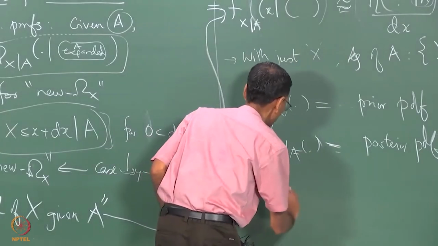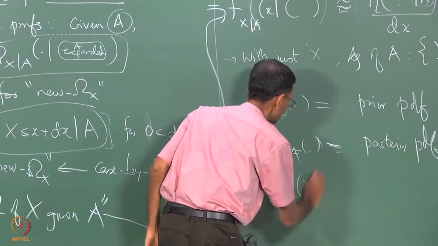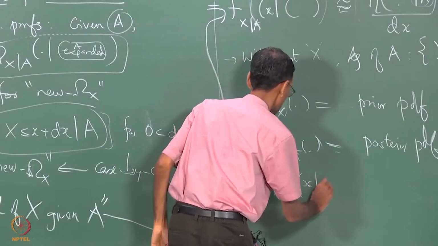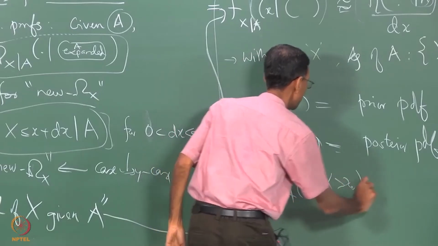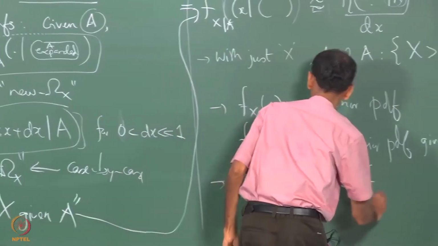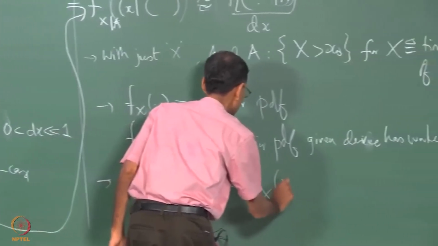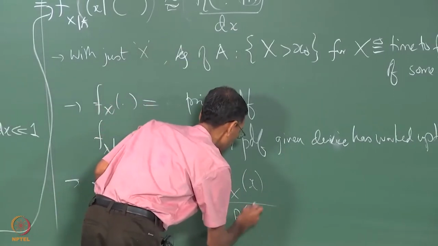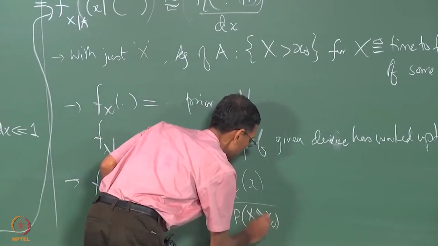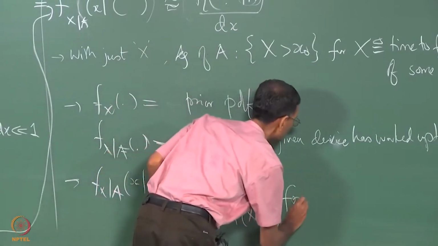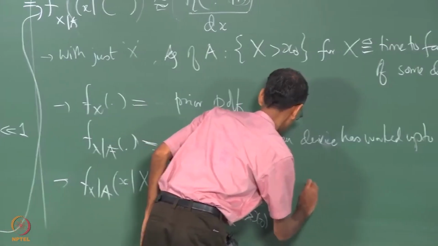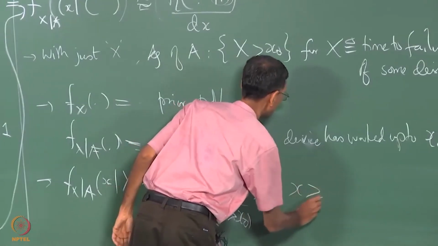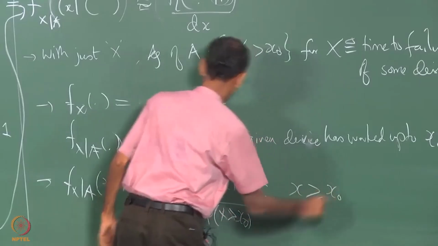So we know that this fx given A, of x given x greater than x naught, is basically going to be the same fx of x divided by P of x greater than x naught, for small x greater than or equal to x naught.